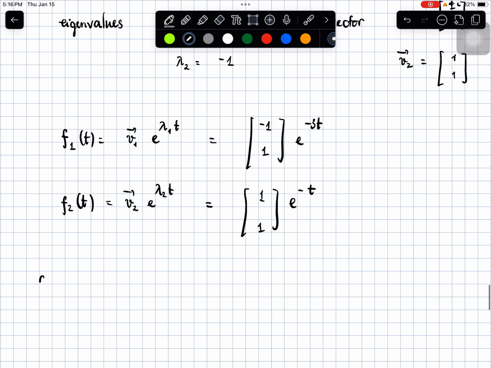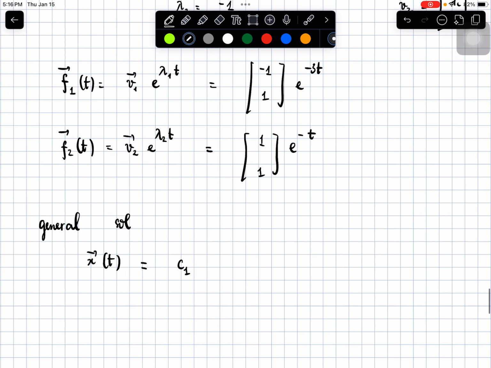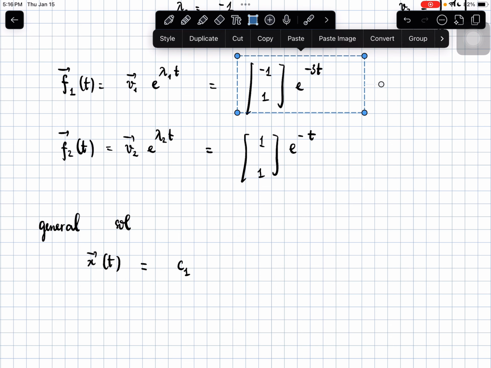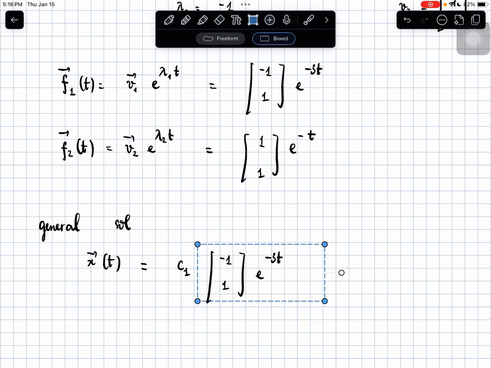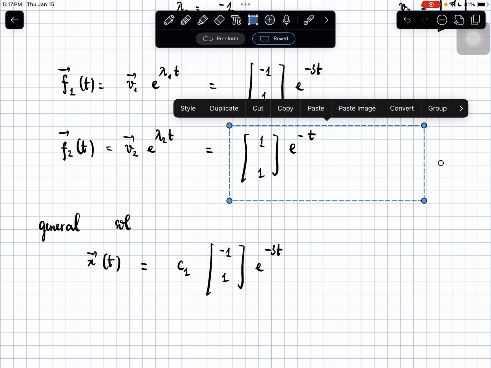And the general solution, say x(t), as a vector, equals c1 f1 plus c2 f2.